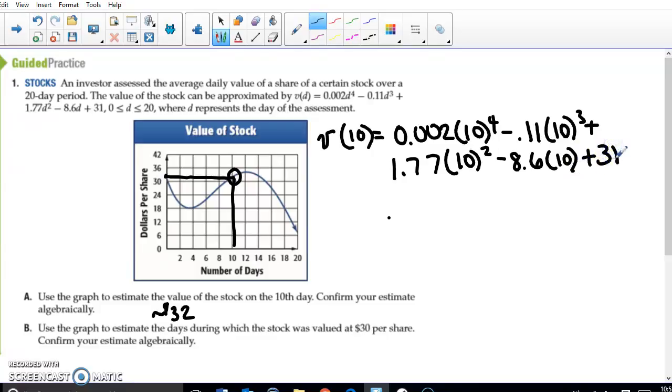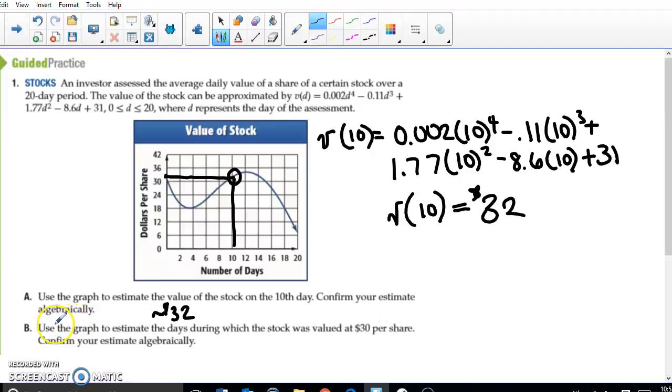Alright, so I'm going to plug it into my calculator now. And plugging that into my calculator, I have that V of 10 equals $32 per share.